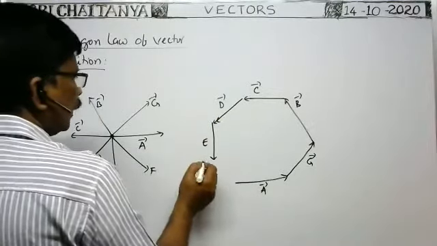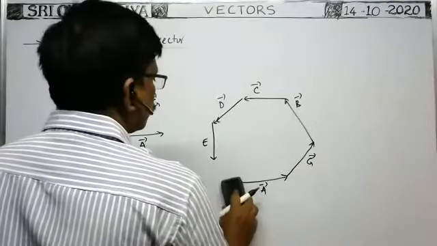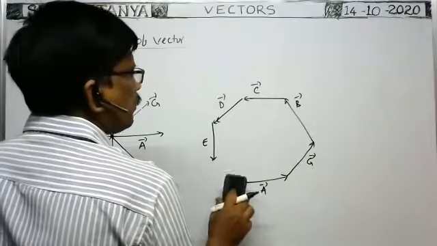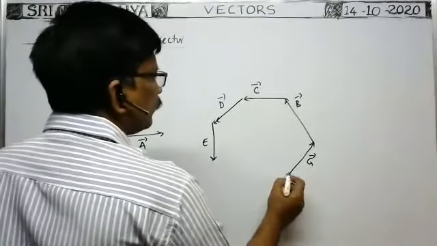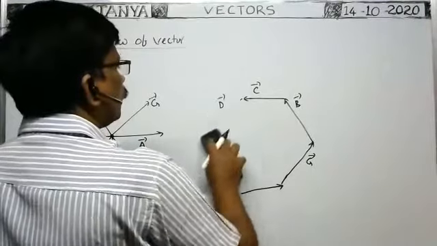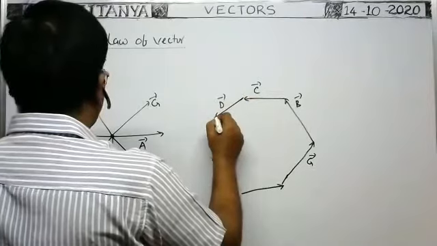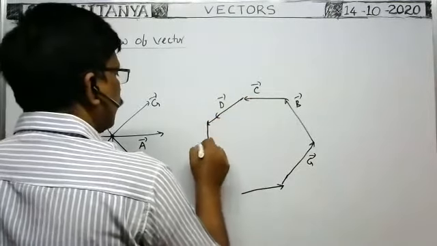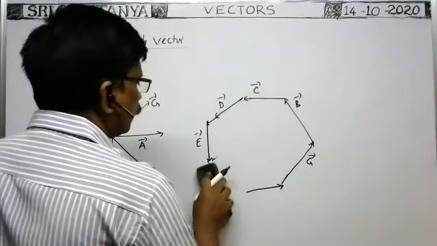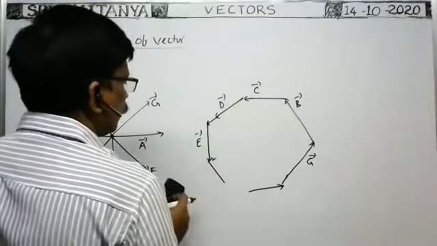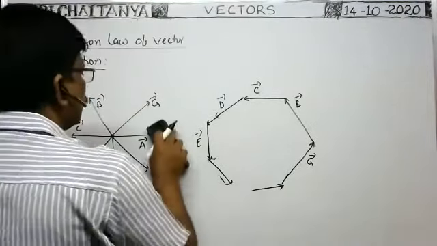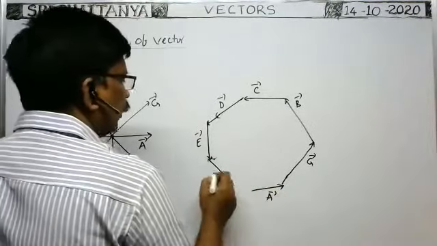Next, F bar is in this direction. Suppose this is A bar. It is F bar.